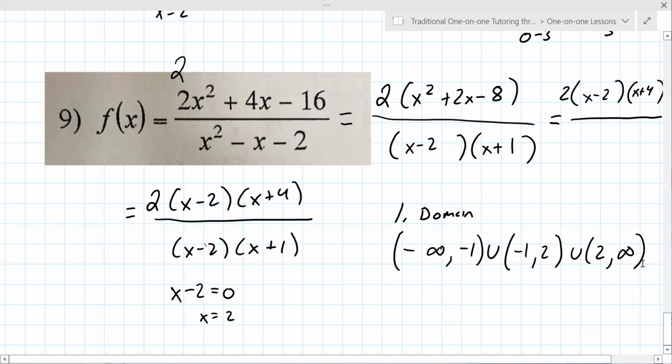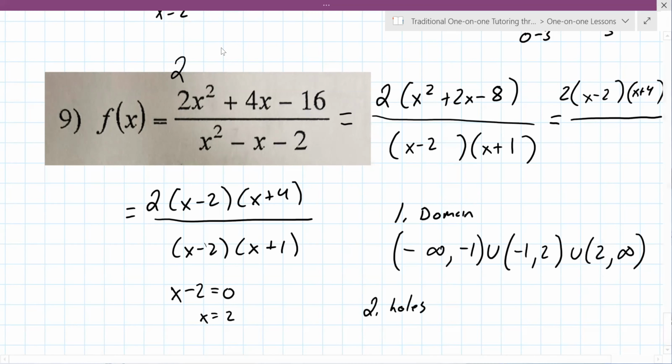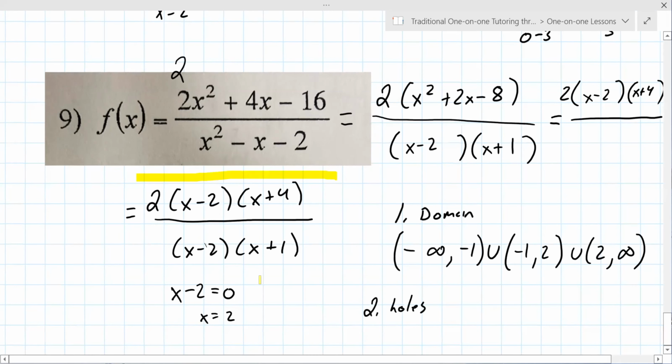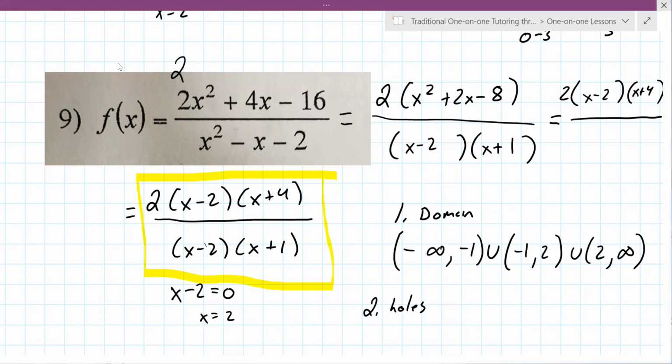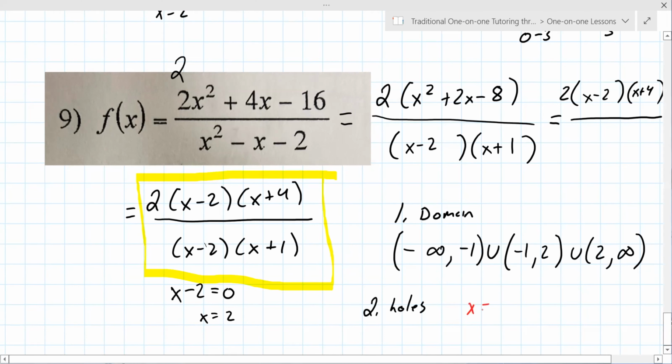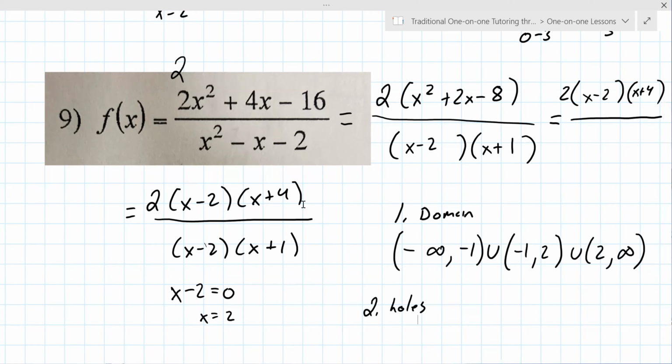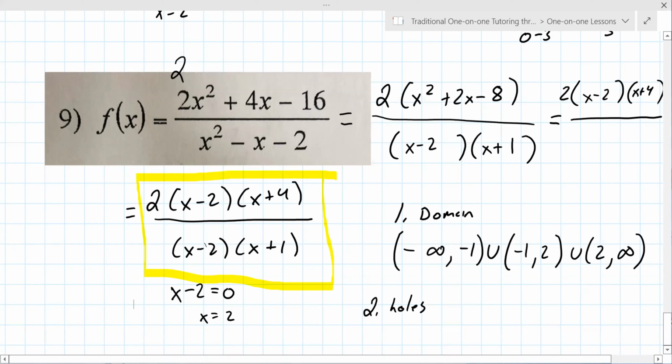Excellent. Second thing to figure out are holes. You probably want to focus in on this part over here on the left. That's what you're going to use to figure out the holes. What I'm looking for is the x value and the y value of the hole. Whenever you've got the x value, let me know.